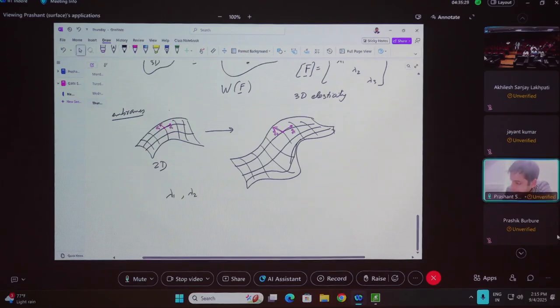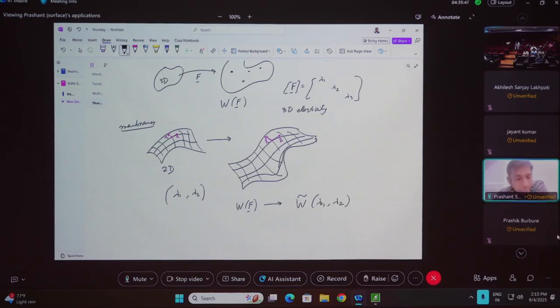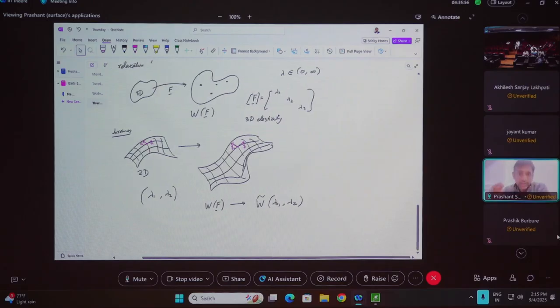Instead of, like in 3D elasticity, where we had three principal stretches, in 2D elasticity we have got two principal stretches. And the total elastic energy is now written just in terms of these two, lambda 1 and lambda 2. So that's the main distinction. The second thing that happens is from the physics of a membrane.